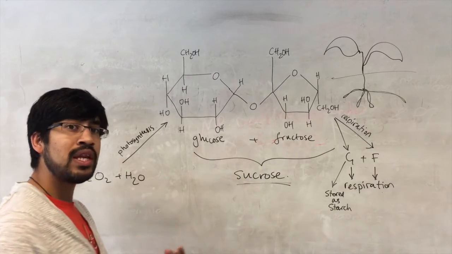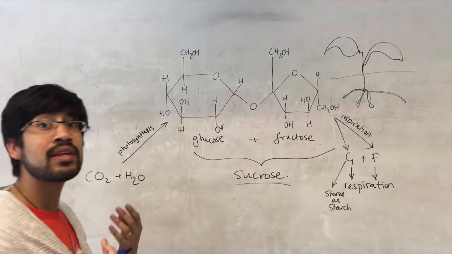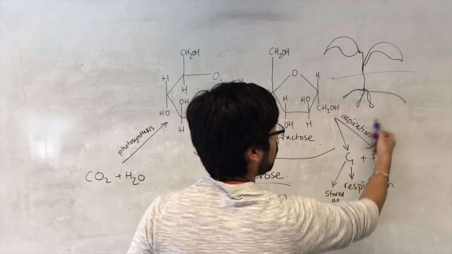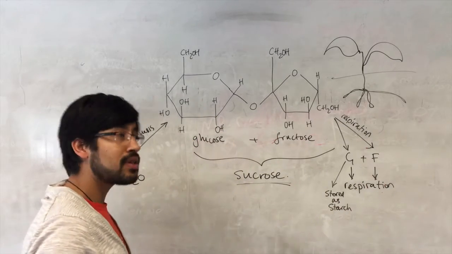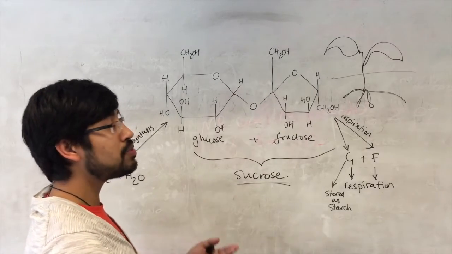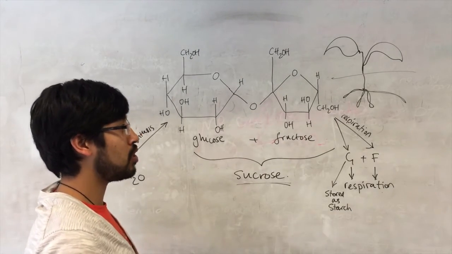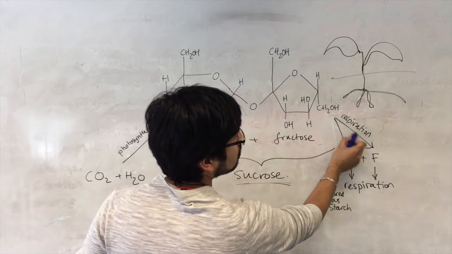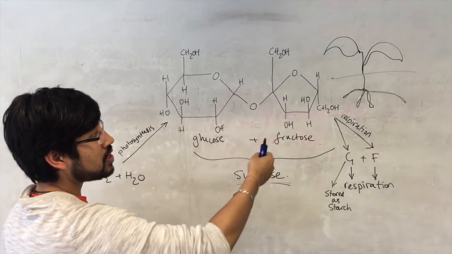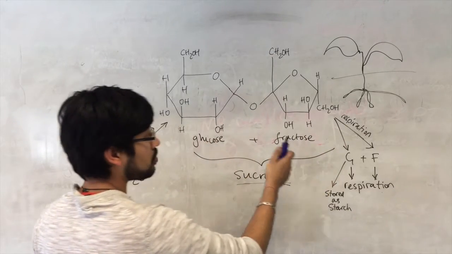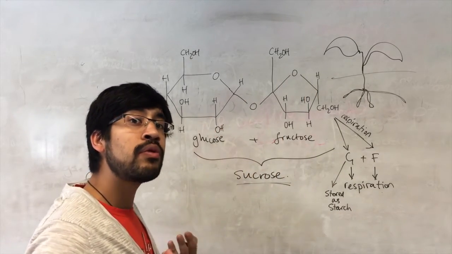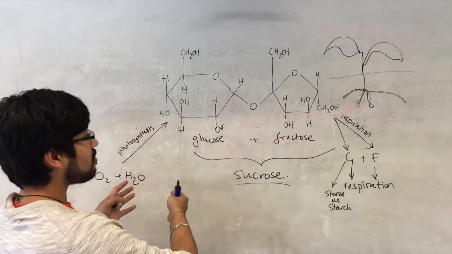Now, it's only the green parts of the plant that have chlorophyll and can photosynthesize, and the parts of the plant that are below the ground, they can't photosynthesize, but they're still made of cells, and those cells still need to have a source of glucose to be able to carry out all their metabolic processes via, obviously, getting the energy through respiration. So all the plant tissues need glucose or a source of glucose, but not all of the parts of the plant are photosynthesizing.